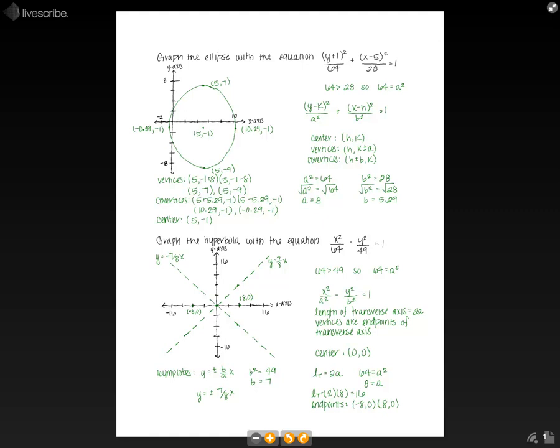Now in order to finish graphing this equation, all we have to do is start at the vertices and go towards the asymptotes, since asymptotes are lines that graphs approach but never hit. If we start at the vertex, we go towards the asymptotes like this, and the same thing on the other side. And that's how you graph that hyperbola.